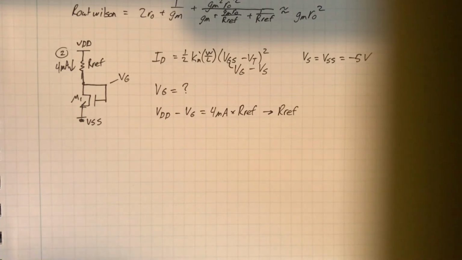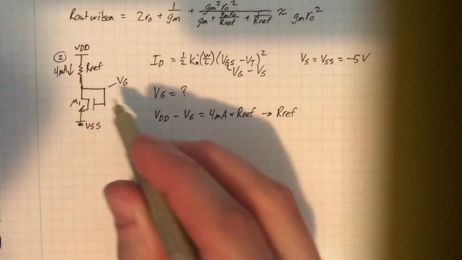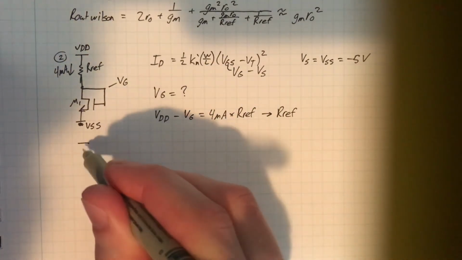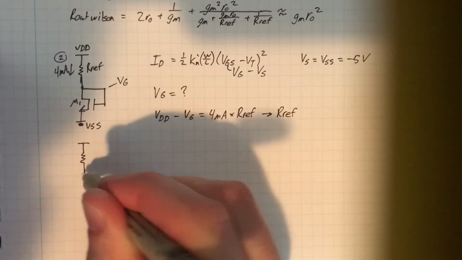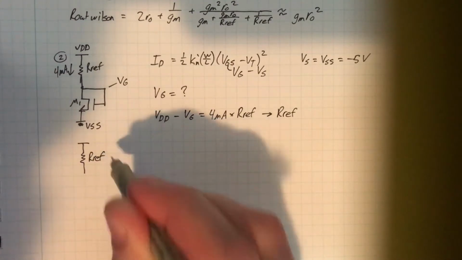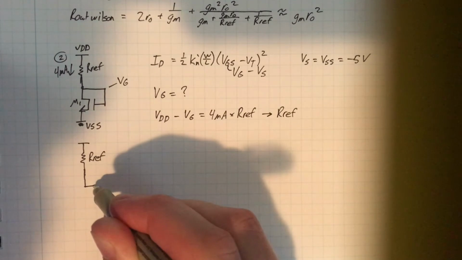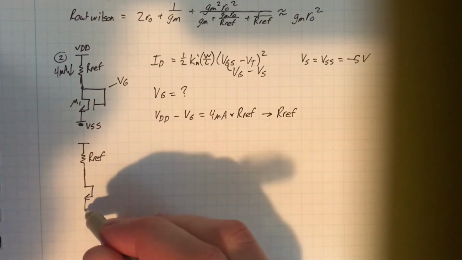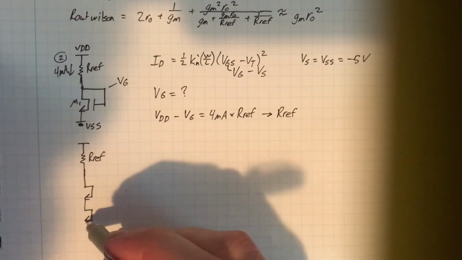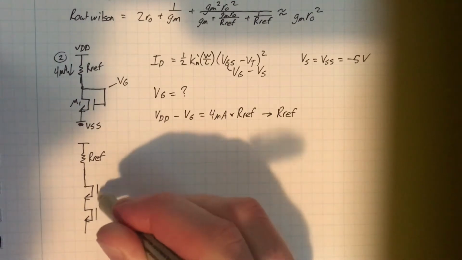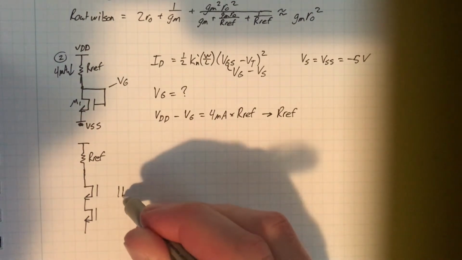Right. So the next is to figure out the same for the Wilson. So let's draw that circuit. And this one's a little trickier. Got some stacked NMOS transistors.